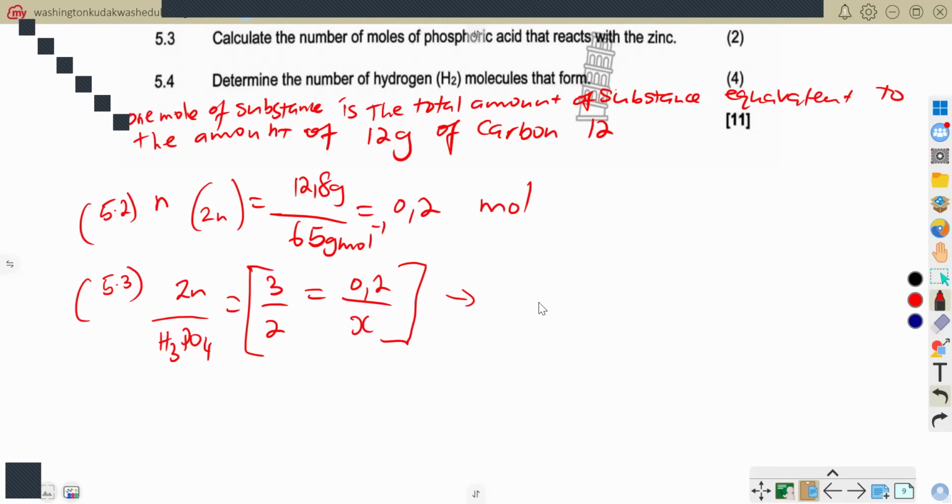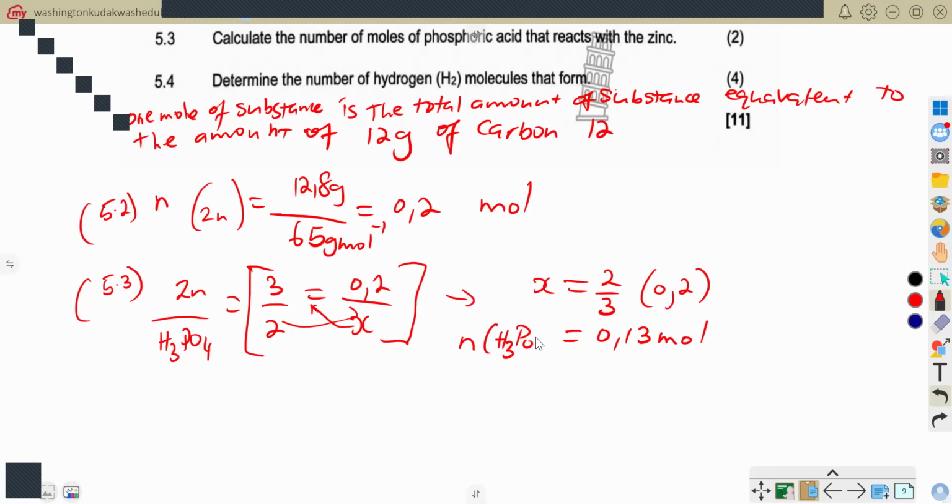This leads to x being equal to 2 divided by 3 times 0.2. 2/3 of 0.2 gives you 0.13333, but the answer there is just supposed to be 0.13. So you will say 0.13 moles. Those are the number of moles for your phosphoric acid.